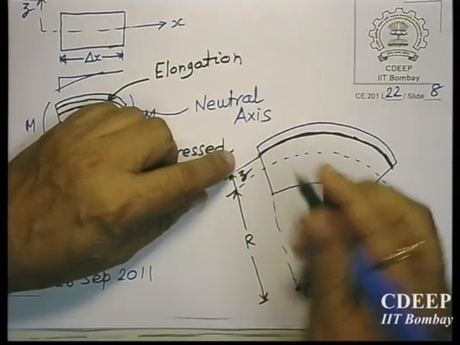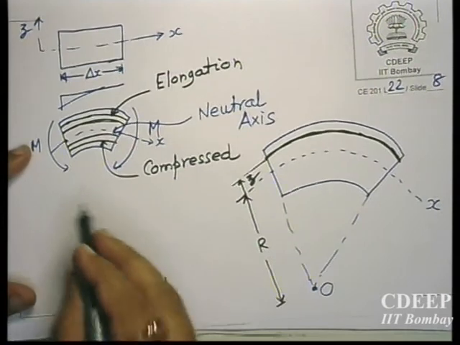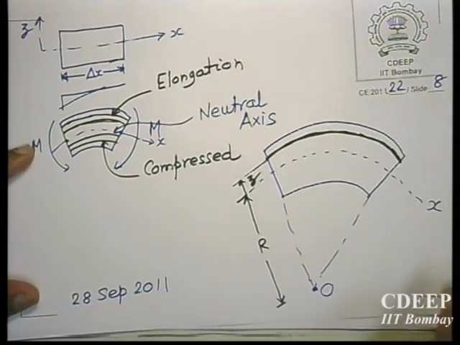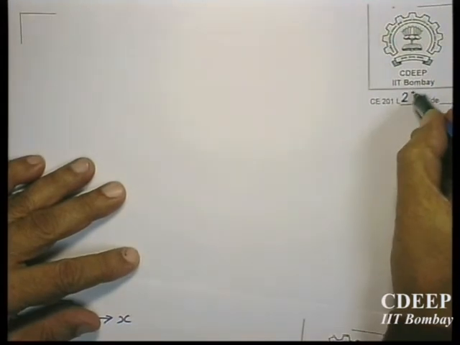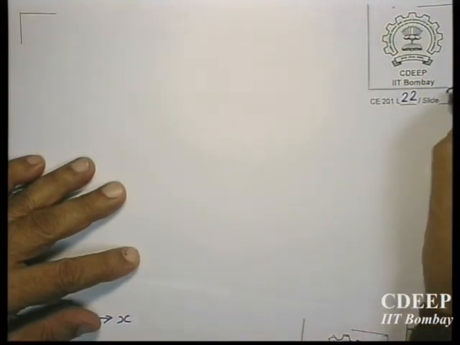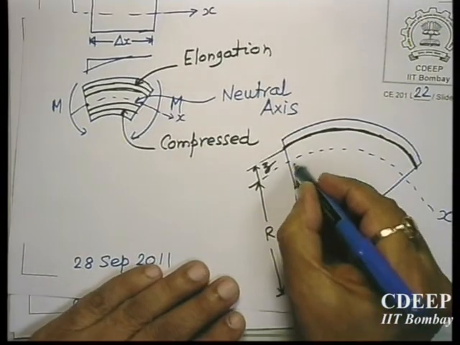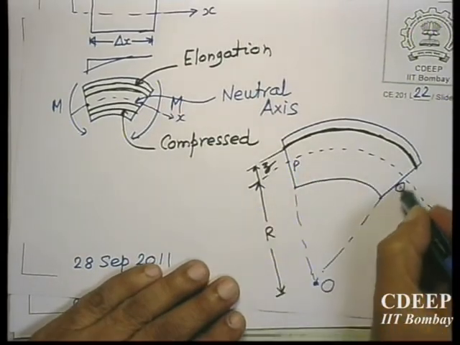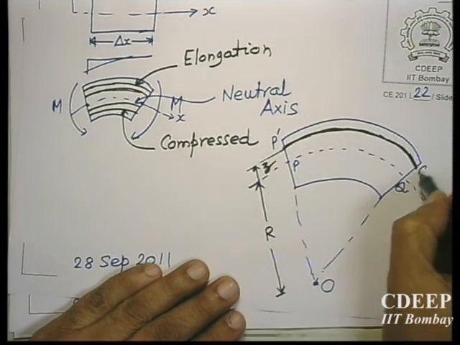So what is the length of this arc? Let us say originally this was dx. If this is PQ, call the final one P dash Q dash.